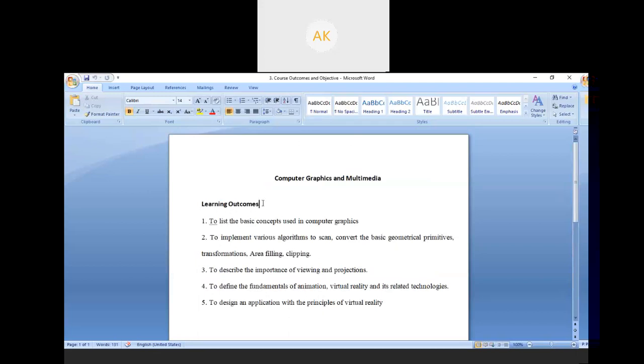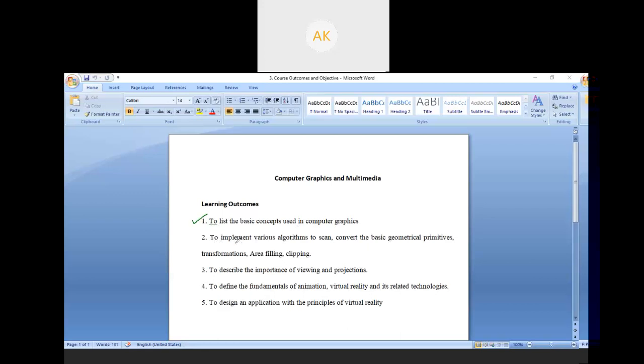So the first learning outcome of this course, computer graphics and multimedia, is to list the basic concepts used in computer graphics. After completing the course, you will be able to know them.